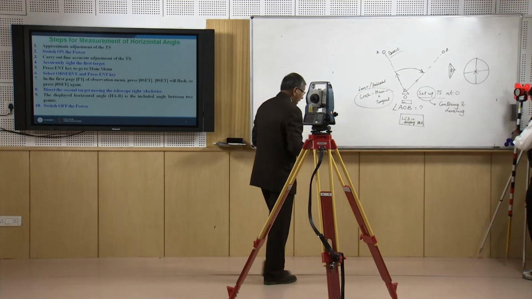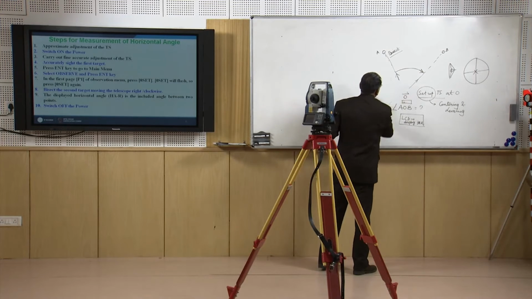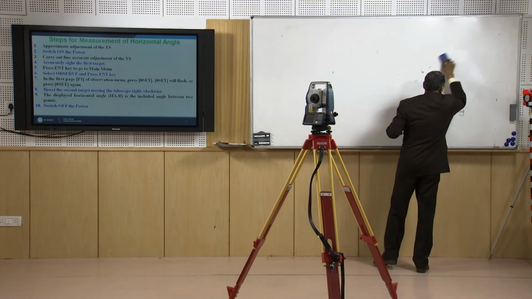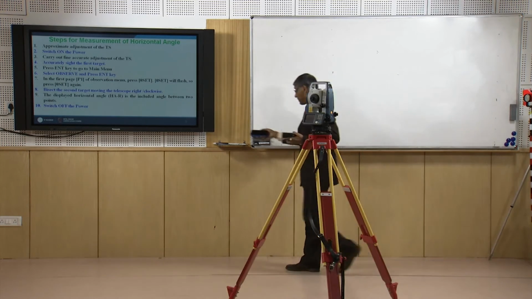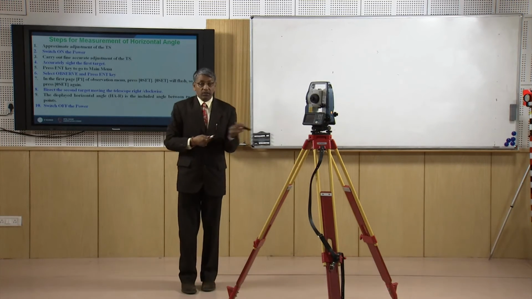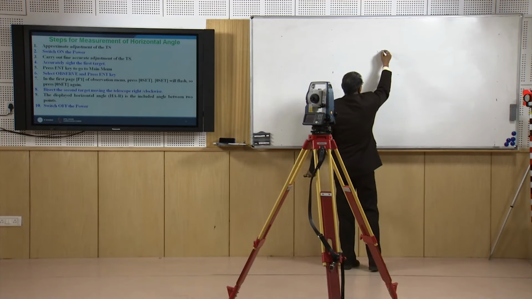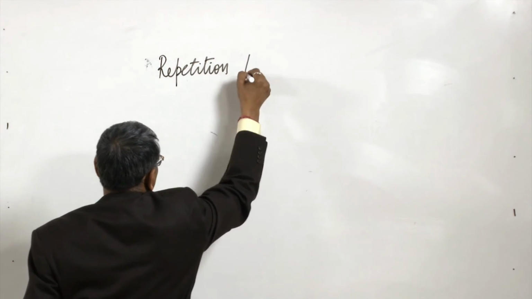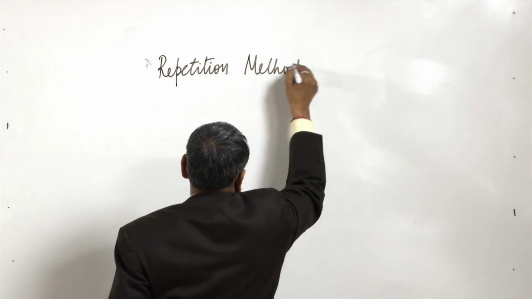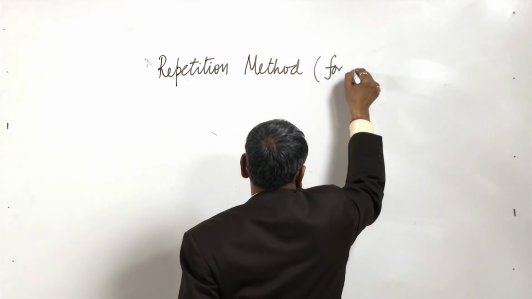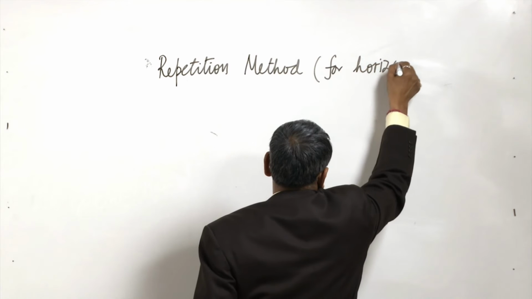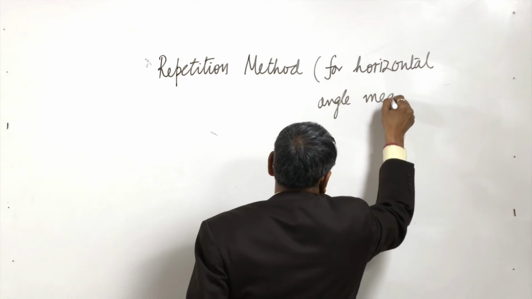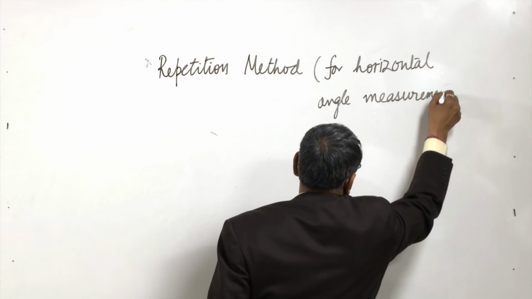So in order to avoid those errors or minimize the error, as well as to increase the precision of measurement, we carry out the measurement of horizontal angle by a method called method of repetition, the repetition method for horizontal angle measurement.